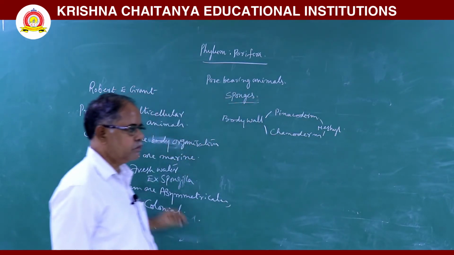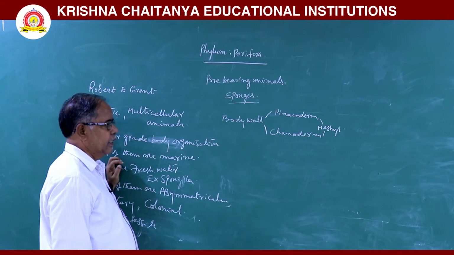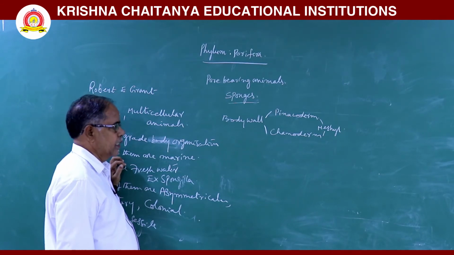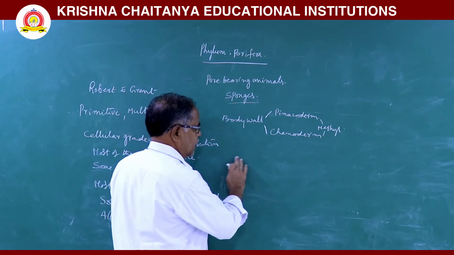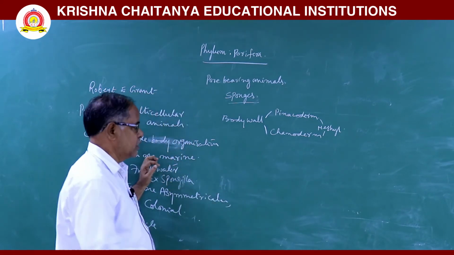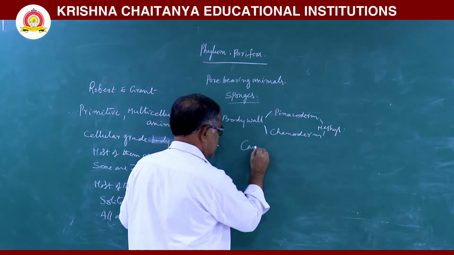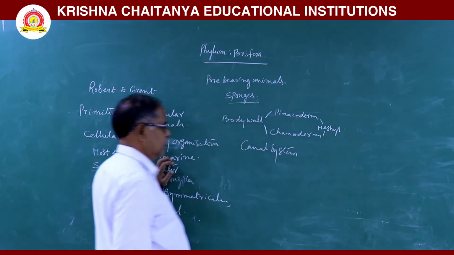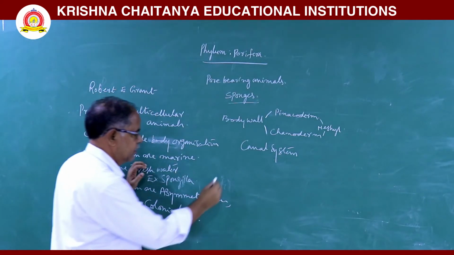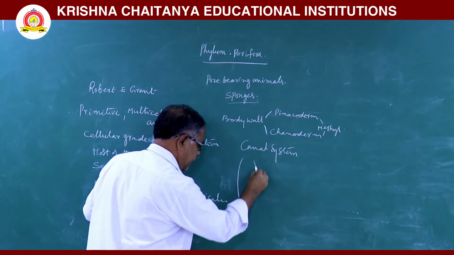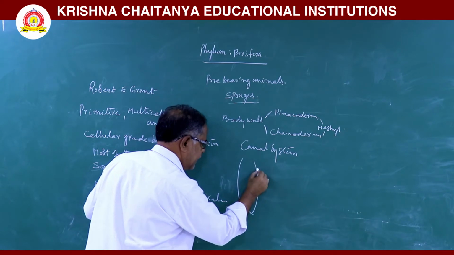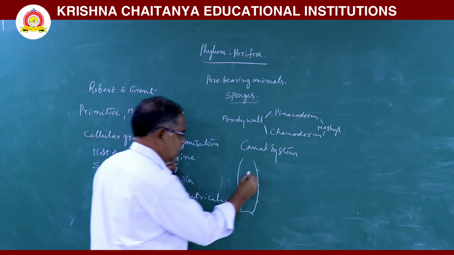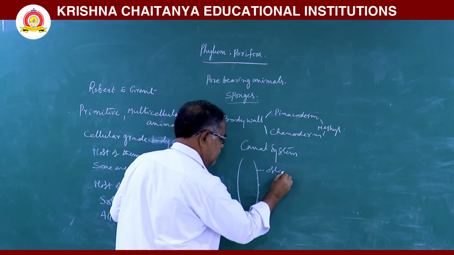Next, in these animals, one peculiar, special system is there. That system is called the canal system. On the surface of the body, so many pores are there. These pores are called ostia.